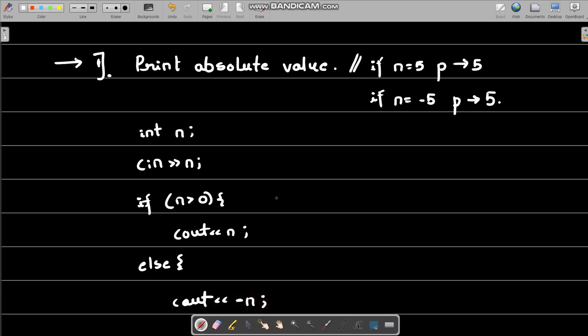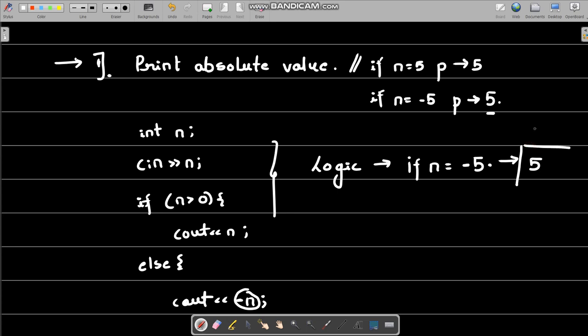Why minus n, I will explain. In the logic, I am telling you why I put minus n in order to print the absolute value. If n is minus 5, I must print 5. 5 must be my output.